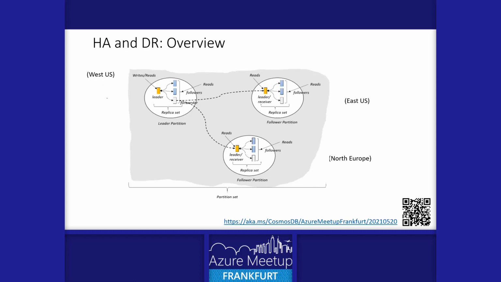A brief overview of how availability is implemented. What we see here is an abstraction of the replica sets in each of the regions. When you think about a table or a container in CosmosDB, CosmosDB is a schemaless database, so you don't have to define a schema upfront, unlike a relational database.